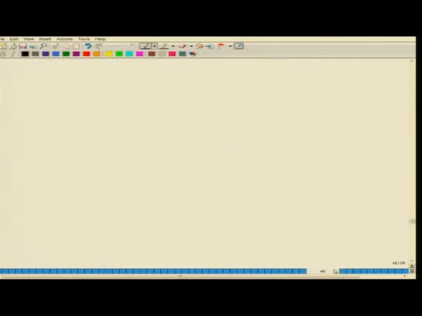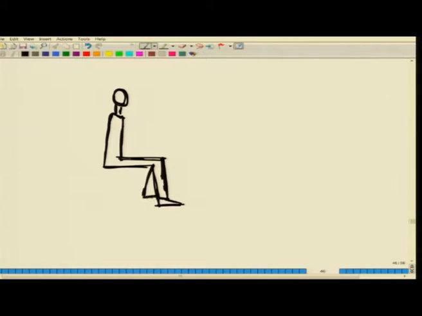For example, if this is my composition where there are forms which is a combination of horizontal and vertical lines.